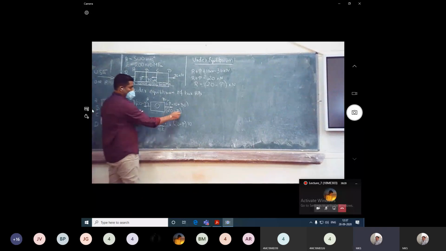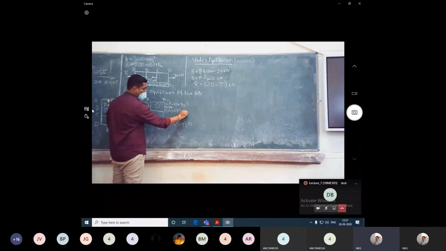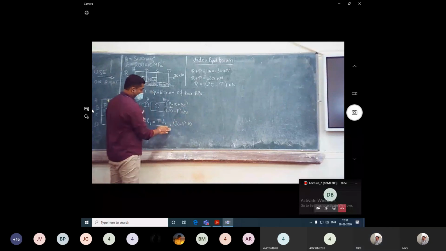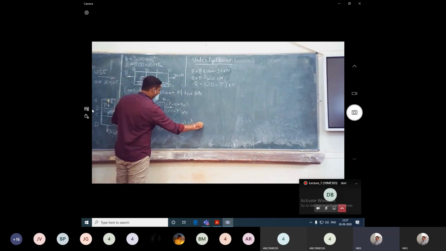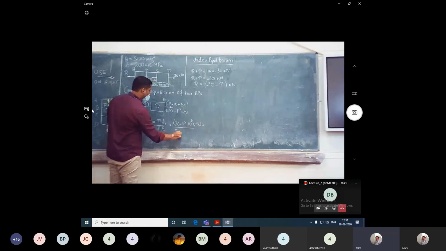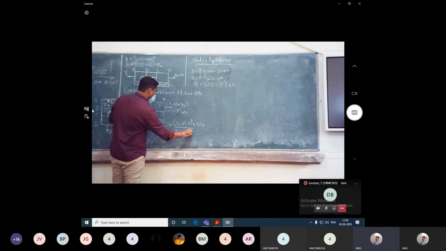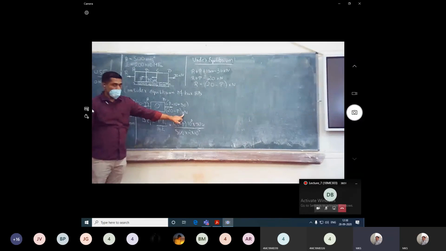So this is in kilonewton. So substitute this as 20 minus P into 10 to the power of 3. To solve, it is 10 to the power of 3 into 500 divided by 500 into 2 into 10 to the power of 5. So why is this 10 power 3? This is in kilonewtons, so kilo has to be substituted.